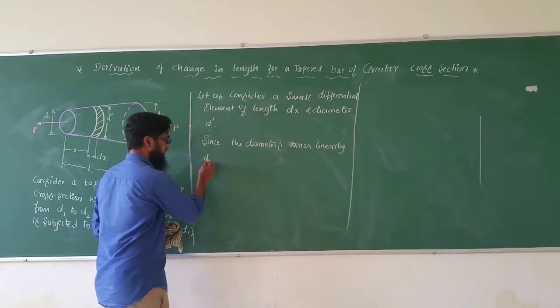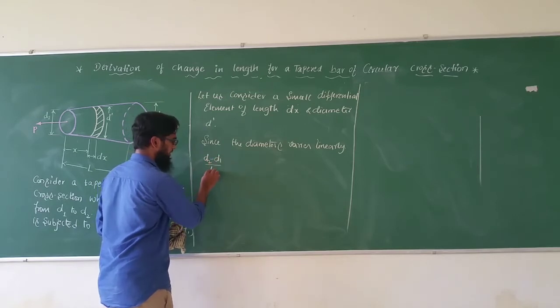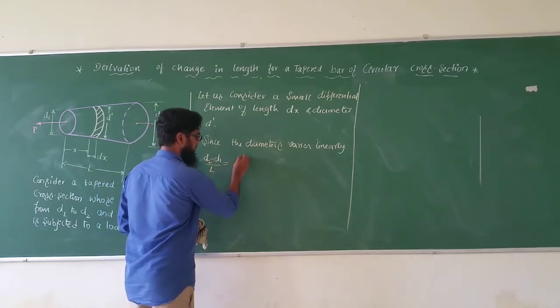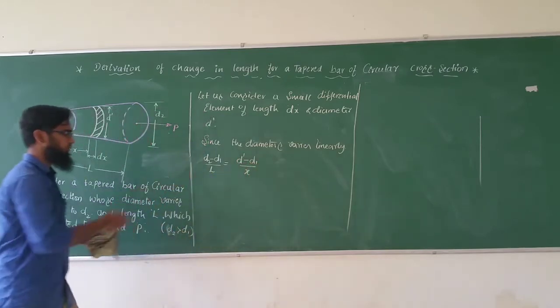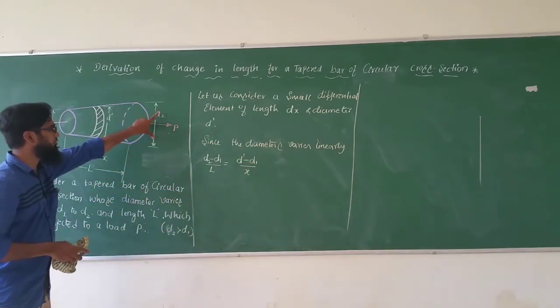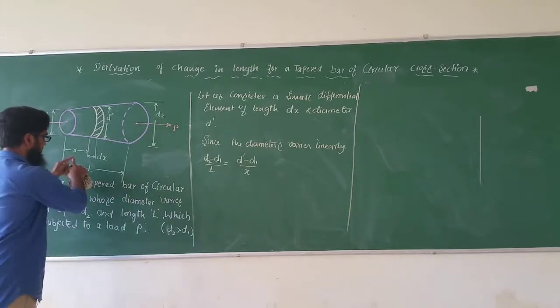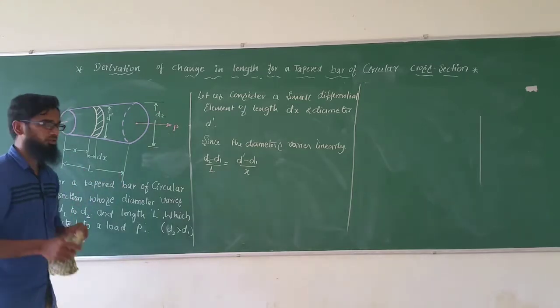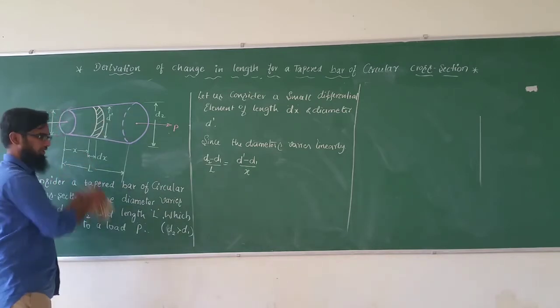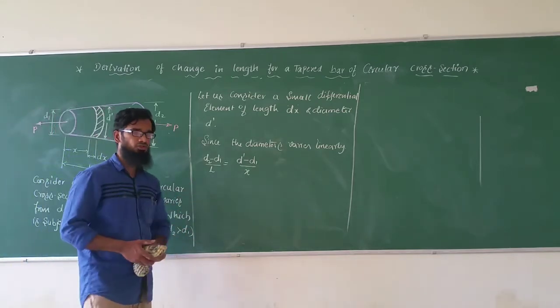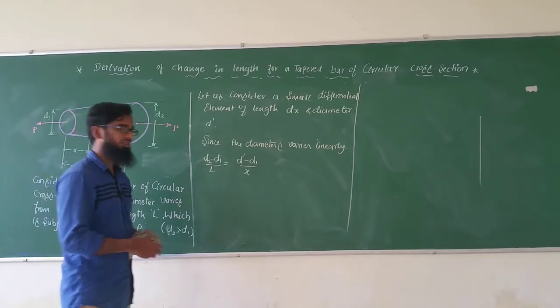It is given by d2 minus d1 by L is equal to d dash minus d1 by x. So take d2 minus d1 by the total length L, which is equal to d dash minus d1 by x. This is the relation when the diameter varies linearly.